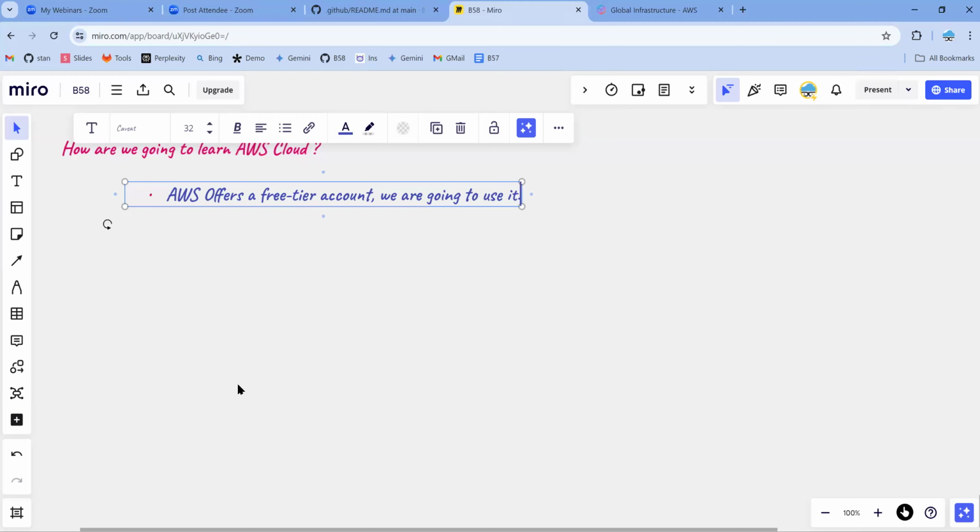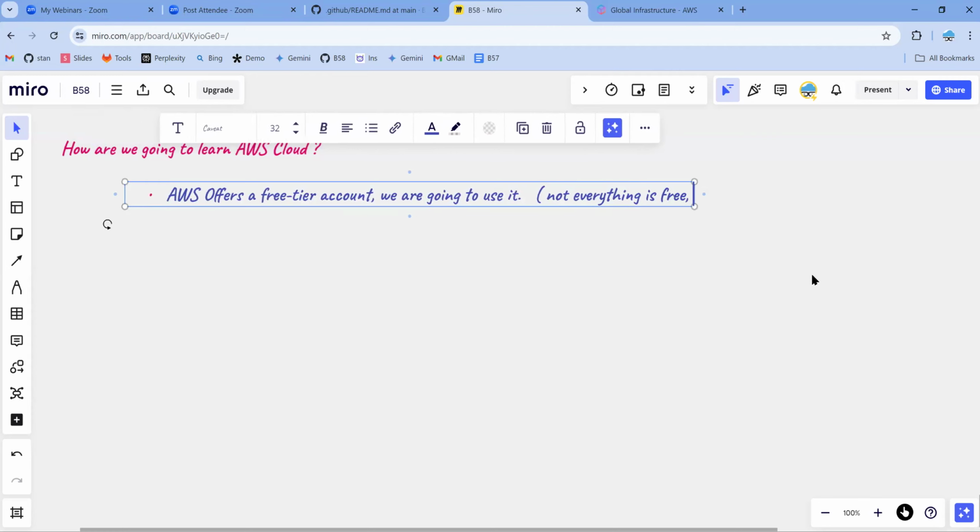And we'll also make sure in month 1 or month 2, we can reach out to Amazon saying we are learning. Since you are a learner, Amazon is very good at it. They might offer you a waiver as well. So AWS offers you a free tier account and we are going to use it. Not everything is free, but the account is free.